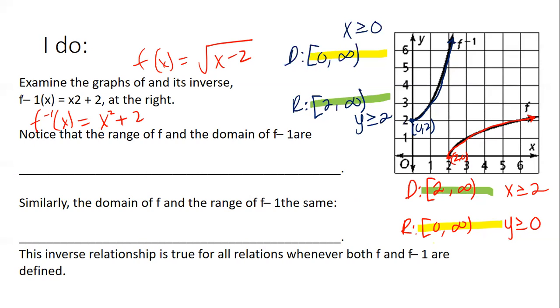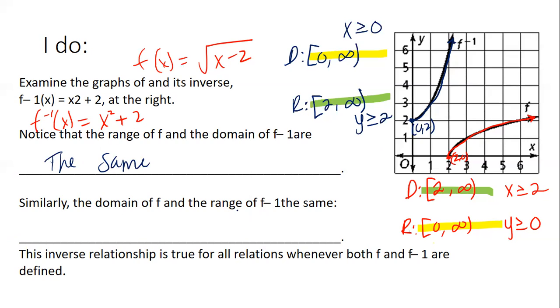All right, so now let's pay attention. Let's notice that the range of our function and the domain of our inverse are what? The same, right? They're the same.